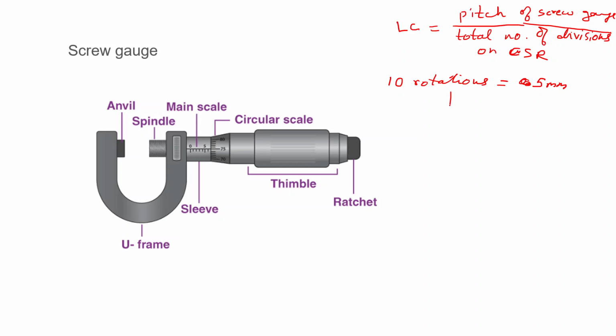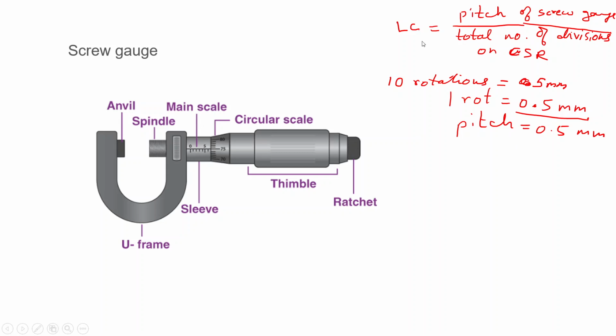That means with one rotation, the linear distance we travel is 0.5 millimeter. So this 0.5 millimeter is actually the pitch of the screw gauge. In one rotation, how much linear distance we are covering, that is the pitch of the screw gauge.